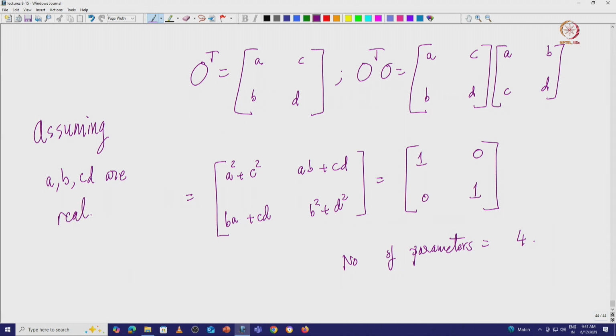Now, the number of conditions from this equality is 3, because this and this give you the same condition. So, you have A square plus C square is equal to 1, the first condition, and then AB plus CD is equivalent to 0.